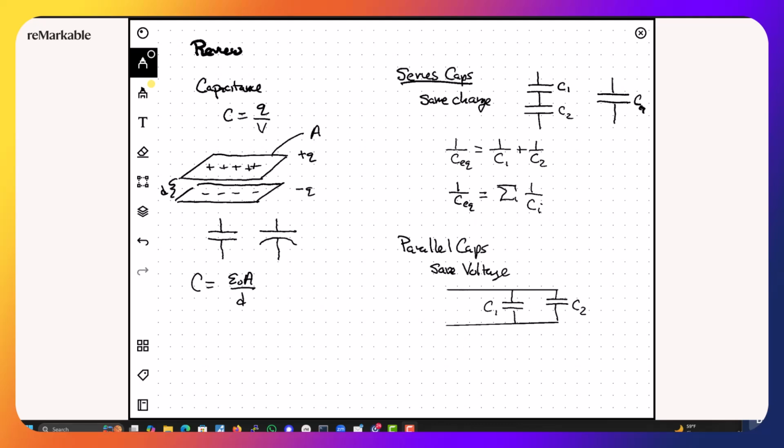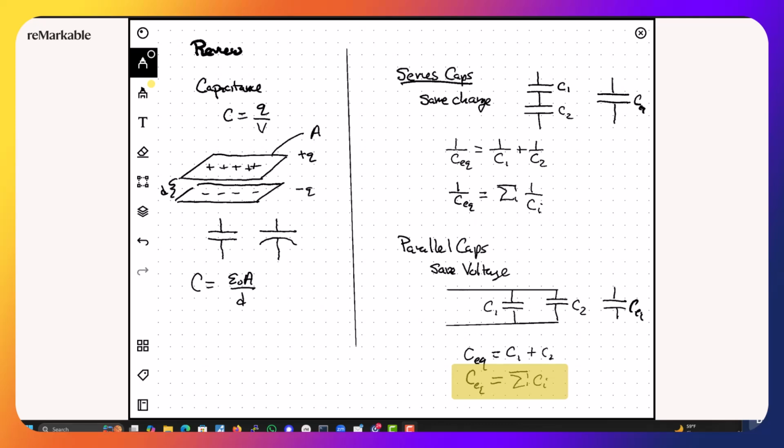And the equivalent capacitance, we replace them with CEQ, is just C1 plus C2, or CEQ is the sum of the capacitors. So we just have some kind of nice ideas here.